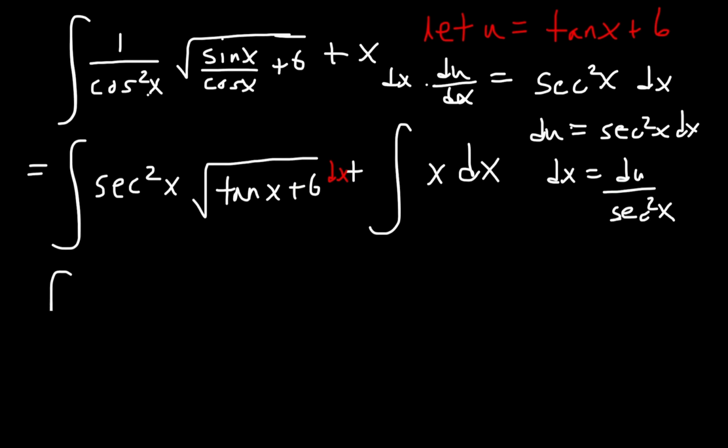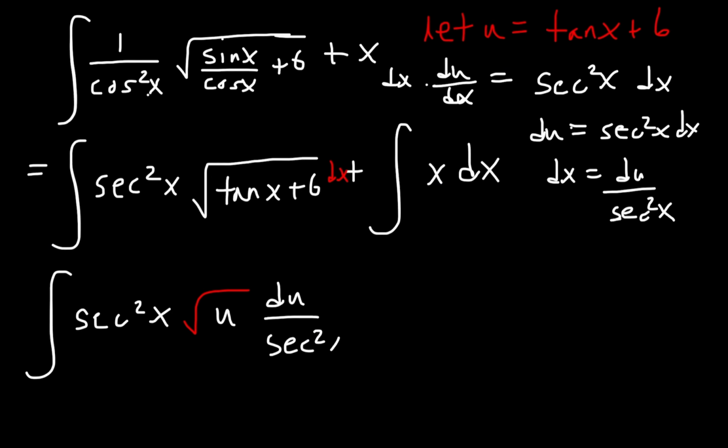Now this is going to be the integral of secant squared x with the square root of u, and we know that dx is going to be du over secant squared x. And this is perfect because we cancelled out the secant squared x. Now we only have the u variable, plus the integral of x dx.